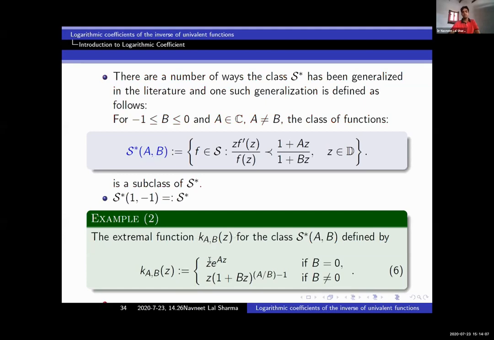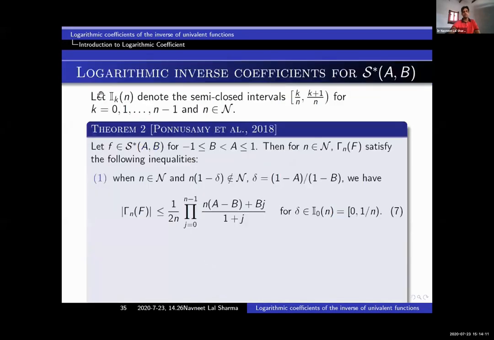Now I will discuss the logarithmic inverse coefficient problem for this class. First, I am using this notation. I_k denotes the semi-closed interval defined in this way, and k and n satisfy this relation.